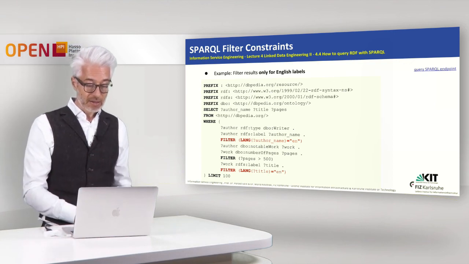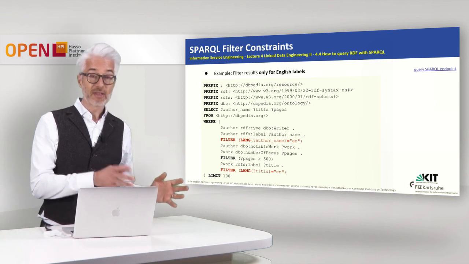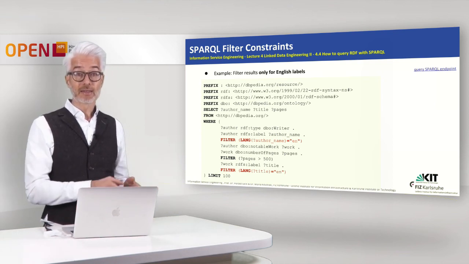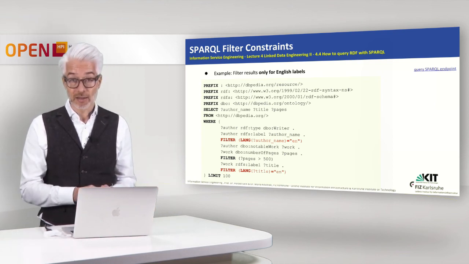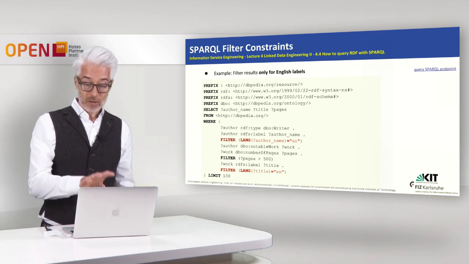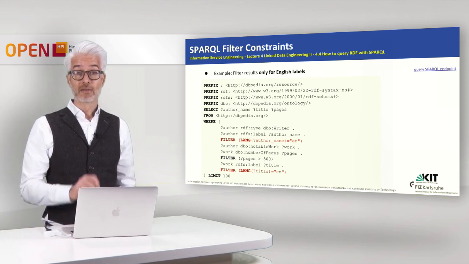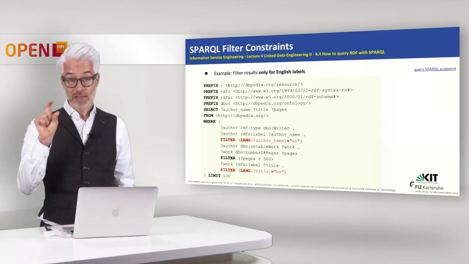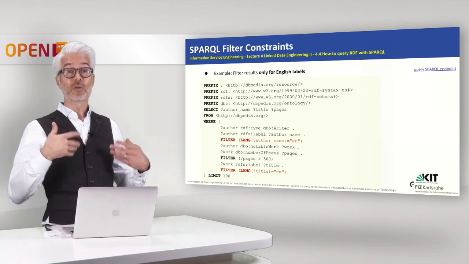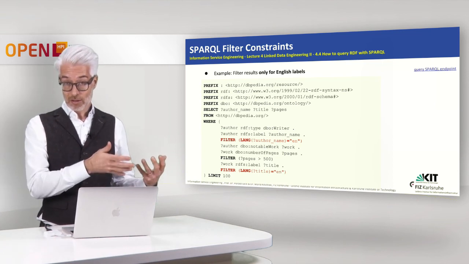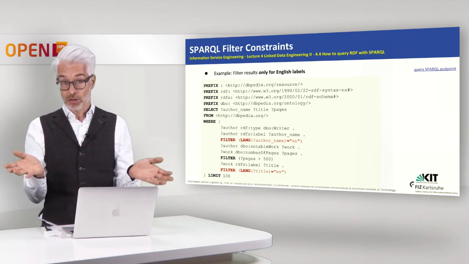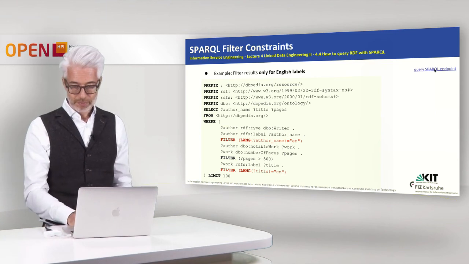The same is done in the last line where I filter the title, and I also say the title should be the English title. Which means if I now execute this SPARQL query, all the results of the author names and of the title names, which before were completely mixed together, will now only be the English versions. Let's have a look.